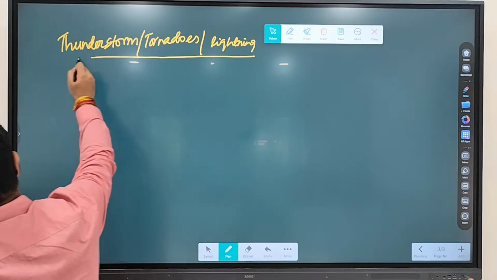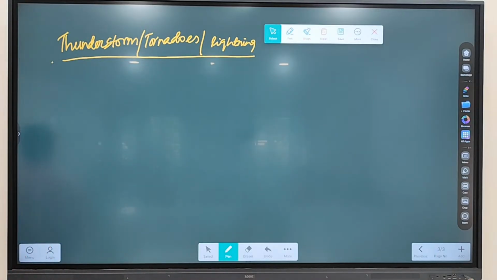Before discussing the cyclones in detail, because cyclonic rainfall occurs due to the formation of cyclones, and how cyclones are formed, you need to understand these three terms. One is called a thunderstorm, another is called tornadoes, and the third is called lightning.